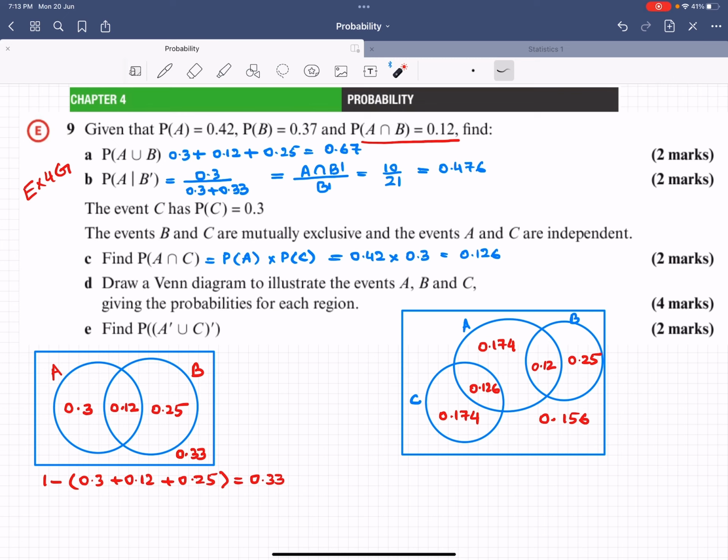Now that was part D, and for part E, the question says find the probability of A complement union C and the complement of that. So let's first find the probability of A complement union C. So A complement union C, which means everything outside A. So let's take everything outside A, which will be A complement.